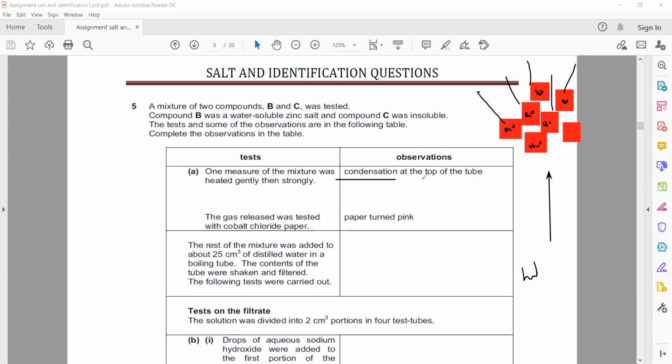That's why there is condensation at the top of the test tube, and cobalt chloride paper turns pink because of the presence of water. Is it clear? Salts that can absorb moisture or water molecules are known as hydrated salts, with water of crystallization.